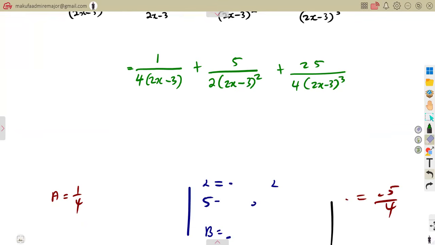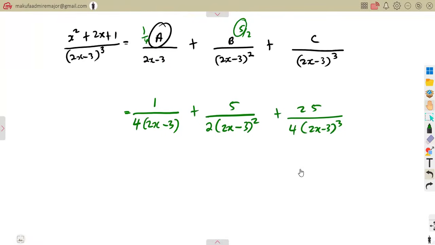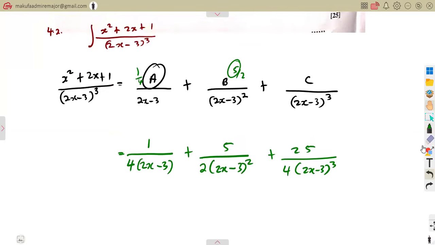So meaning to say we can integrate this now. We have expressed it into partial fractions. So this can be integrated from what we have here. All right, so how are we going to integrate this? We're going to take the 1/4 out of the integral. So that will be 1/(2x minus 3).